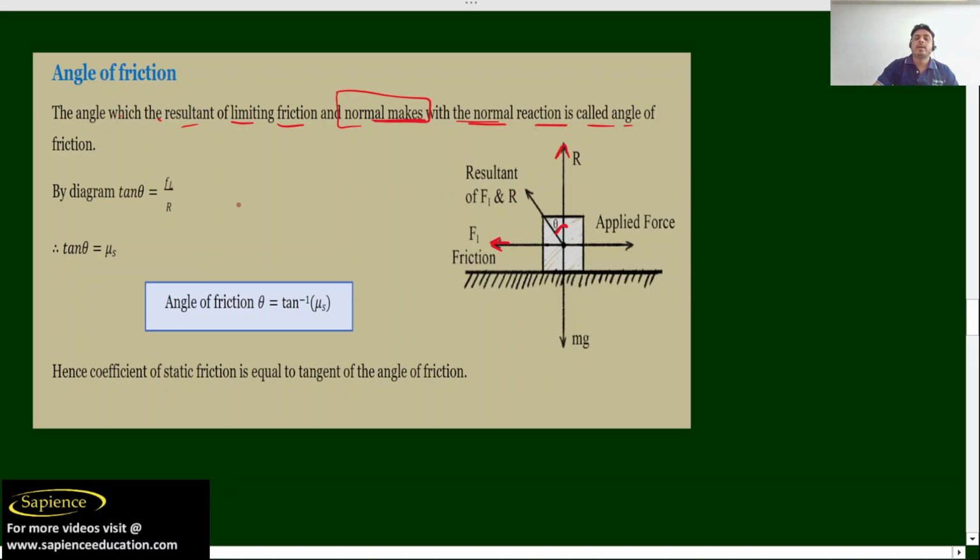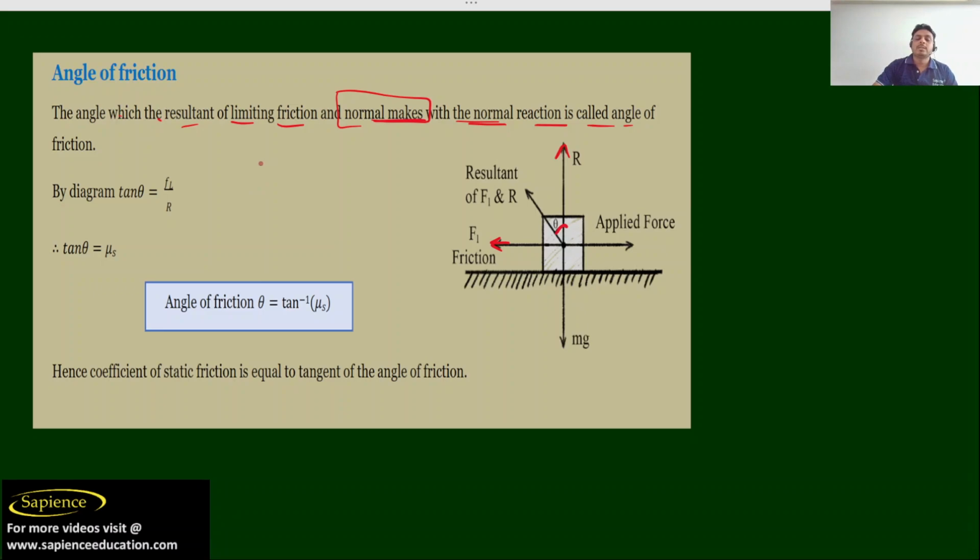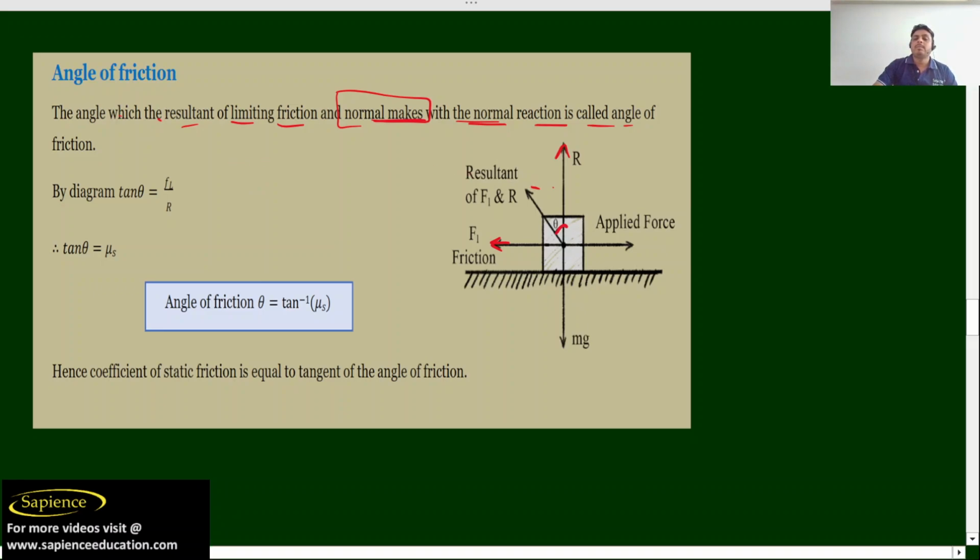So how to find the angle of friction? At first, see here, if I make this a triangle, you know that this length is your reaction, and this length is your limiting friction. So if I consider this as a triangle, what will happen?